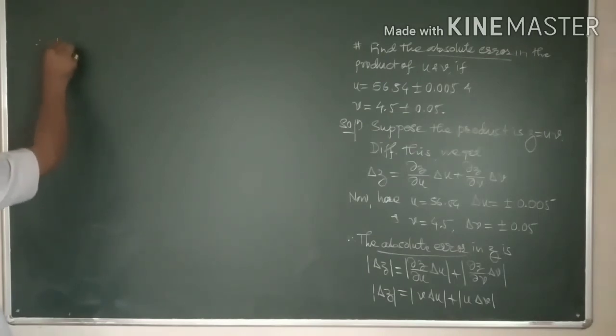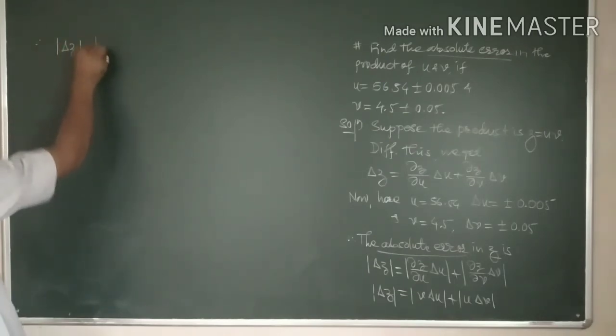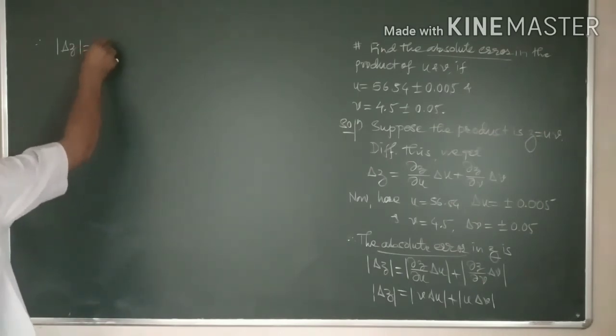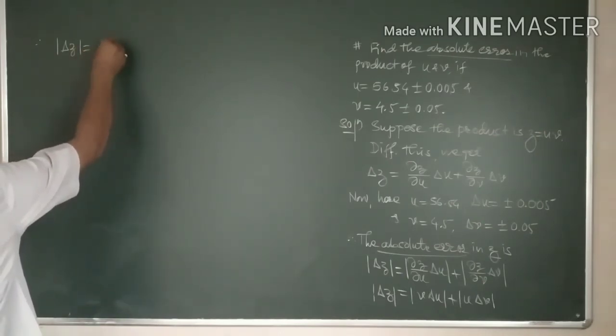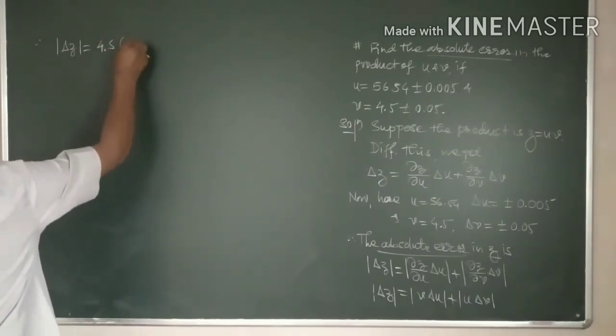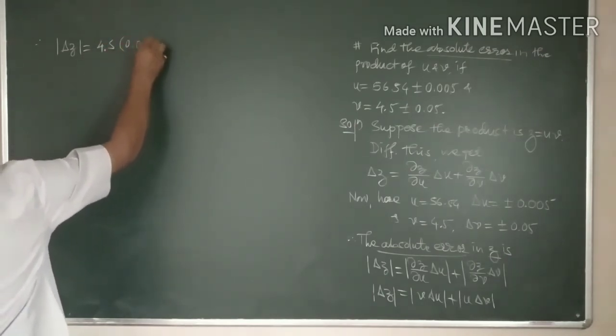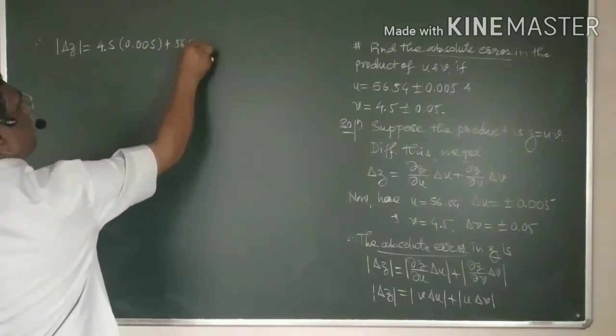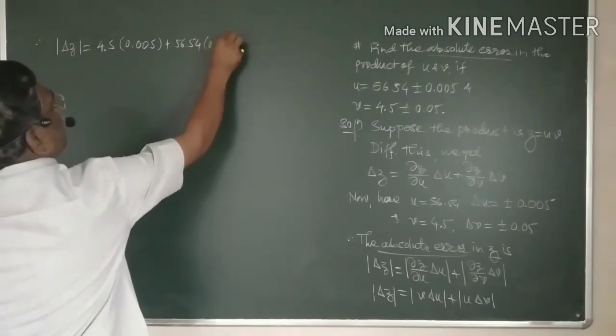Therefore, the absolute value of del Z is equal to, I will not write the absolute sign, this V is 4.5 into 0.05 plus 56.54 into 0.05.